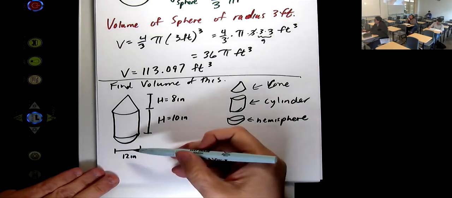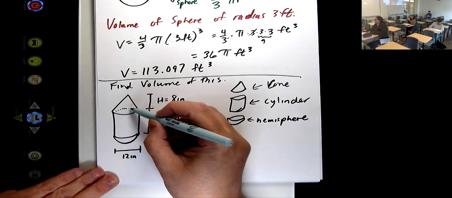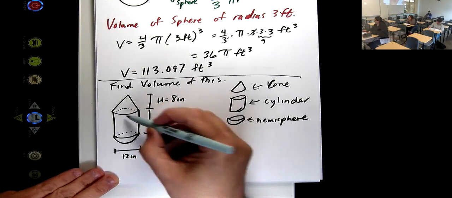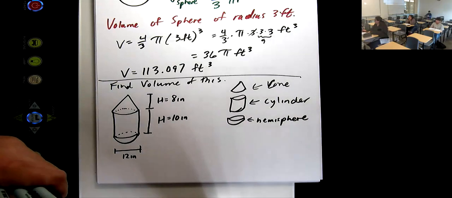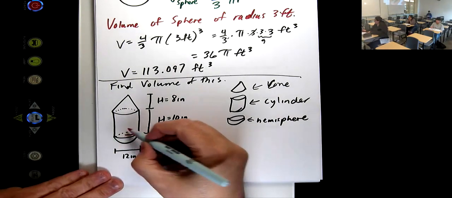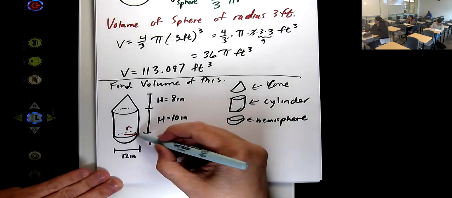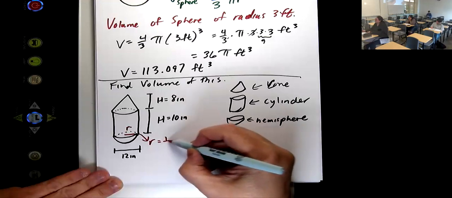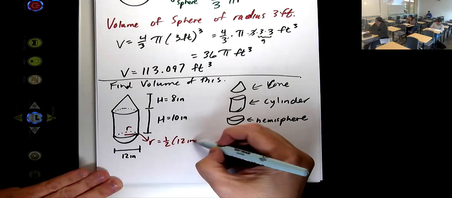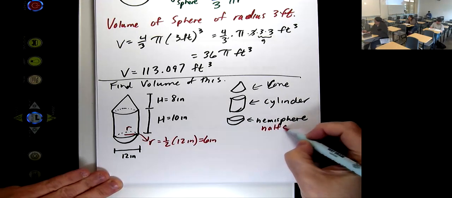They tell me it's 12 inches across, which means if I made little circles right here and found the radius. Hemisphere, is that like half of the sphere? Yeah, hemisphere is half of the sphere. The radius has got to be 1/2 that 12 inches, so 6 inches. Half of the sphere.